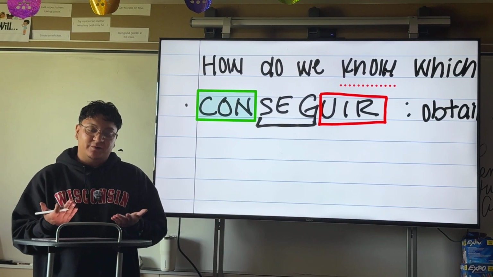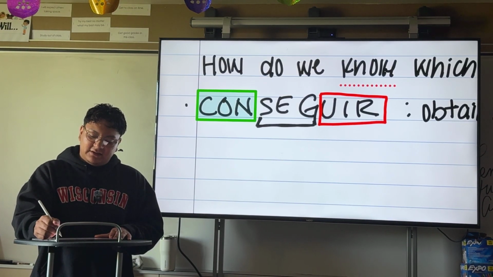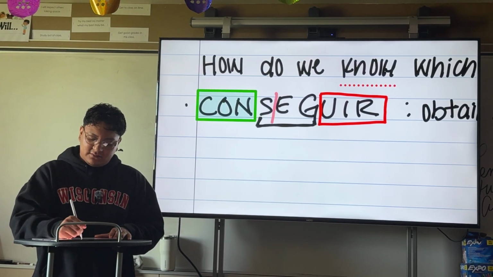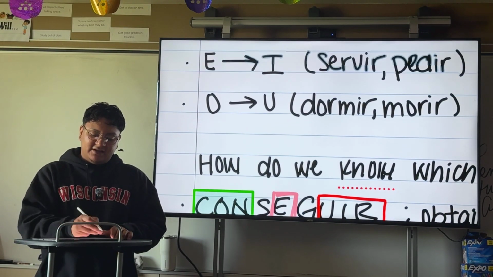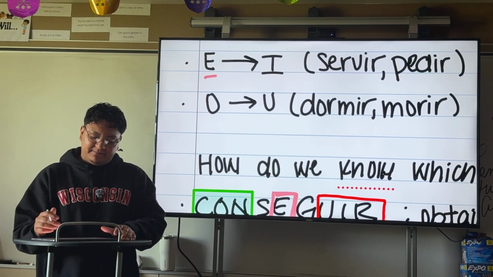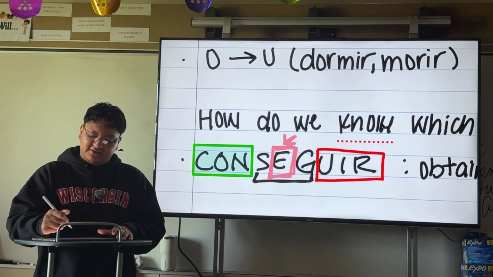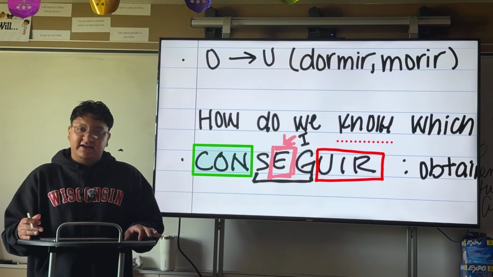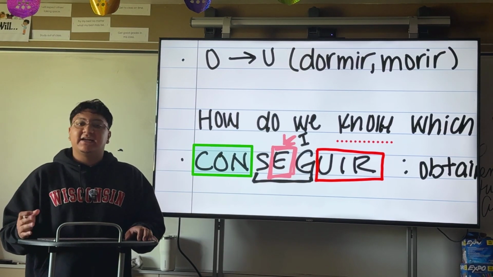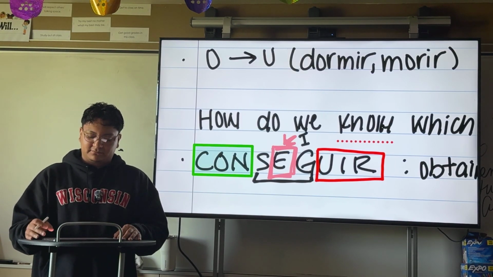So now that we know the root word, we know that this is the vowel that will get changed, the E. So if we look at the rule right above, the E changes to an I. So this one will get changed to the letter I when we conjugate and use the pronouns él, ella, usted, ustedes, ellas, and ellos. Sounds good?